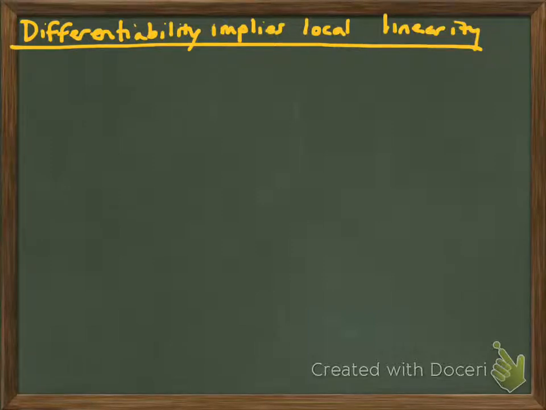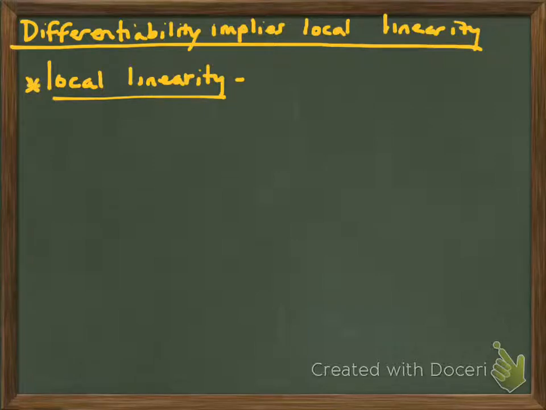So locally linear, or local linearity, to say exactly what they said, and you will see this term used in different contexts, so it will be in different forms. But local linearity simply means that a tangent line exists for that point.